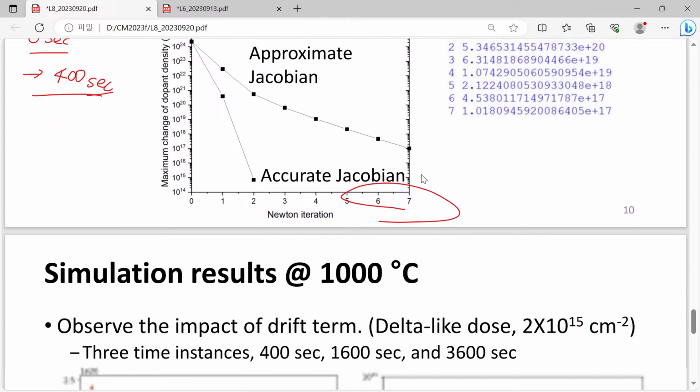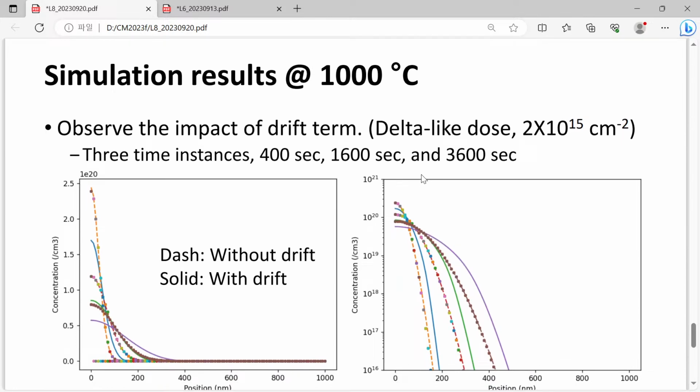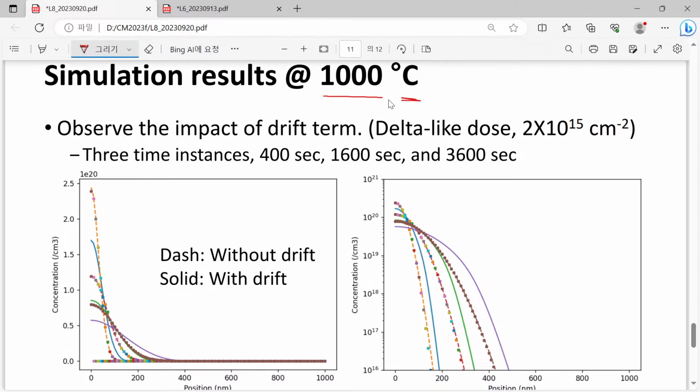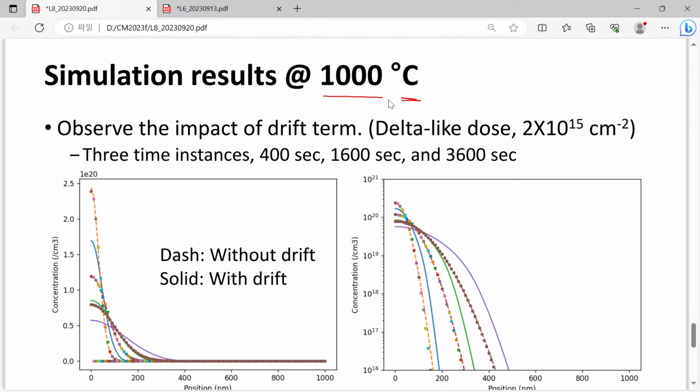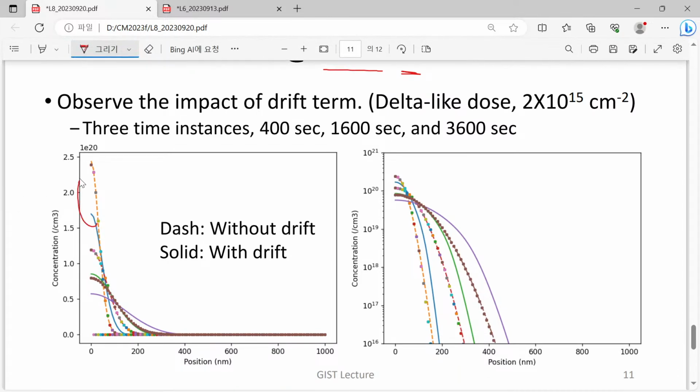So there is a simple trade-off. Okay, this one shows the simulation result at 1000 Celsius, not Kelvin, Celsius. Now you can see that there are many graphs, but these two correspond to the 400 second case.